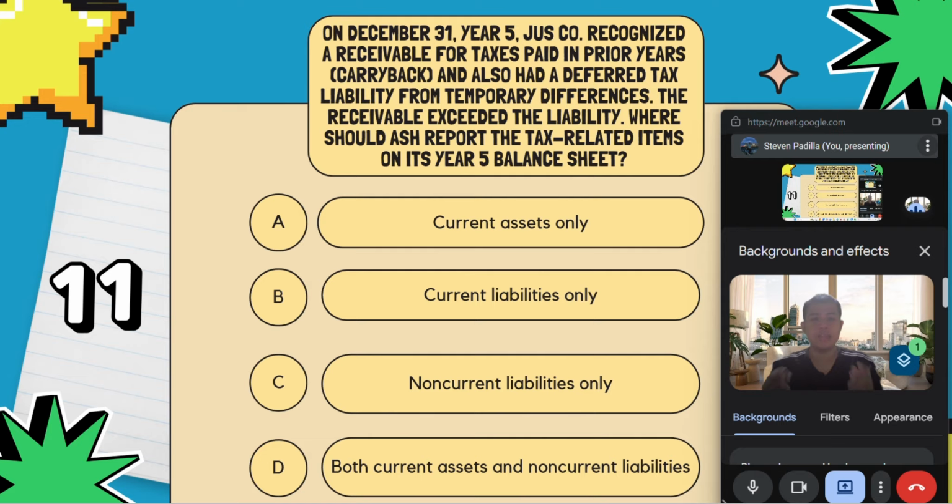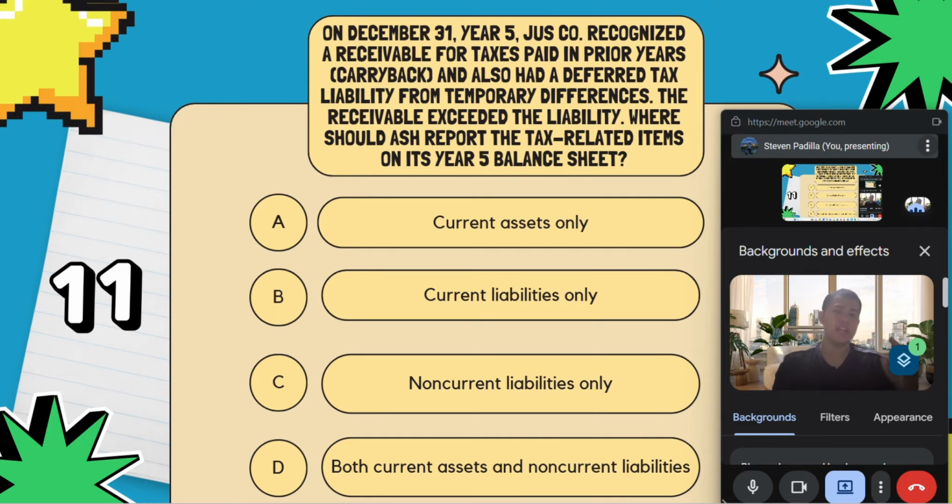In number 11, the corporation reports the tax receivable from a carryback as a current asset because it represents a refund that will be collected soon, while the deferred tax liability from temporary differences must be shown as a non-current liability since it relates to future taxes.